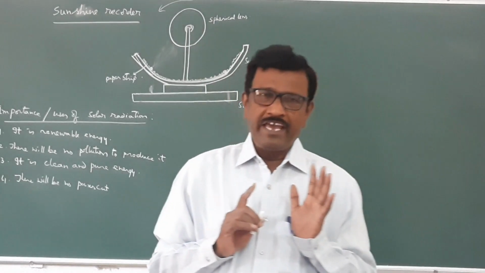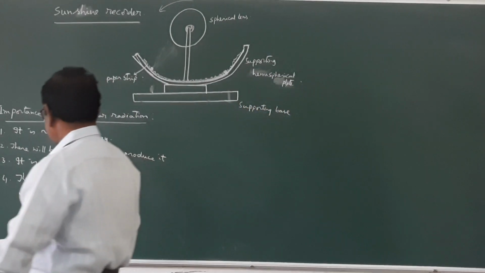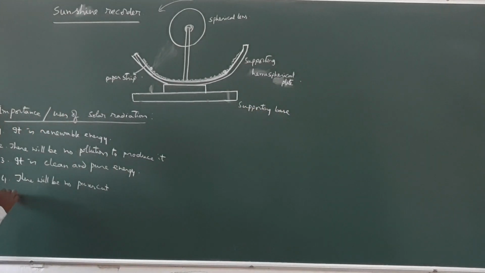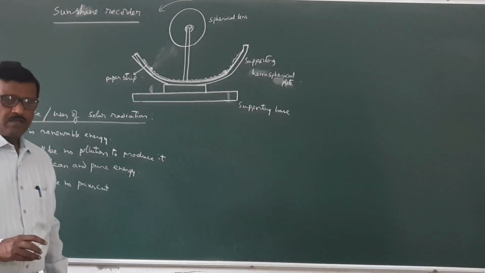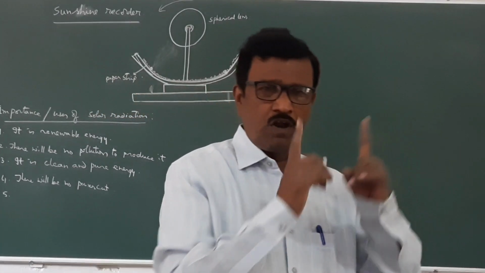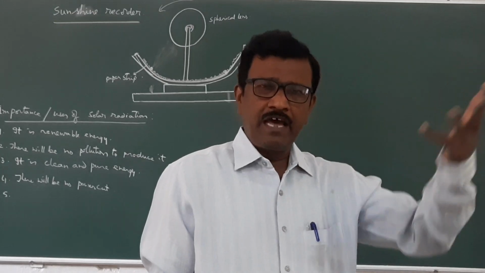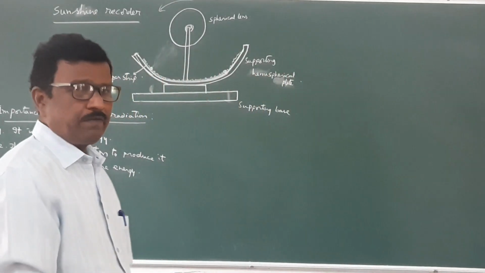So throughout the day you can receive the solar energy. And another one is it is a permanent solution for getting power. Once you fix solar panels, then for years together you will be receiving.